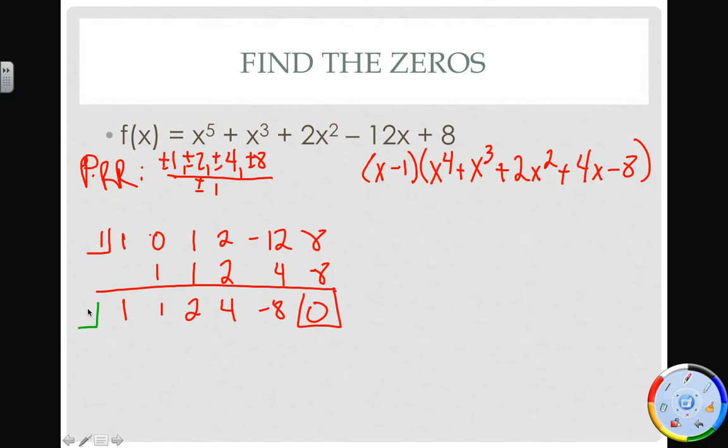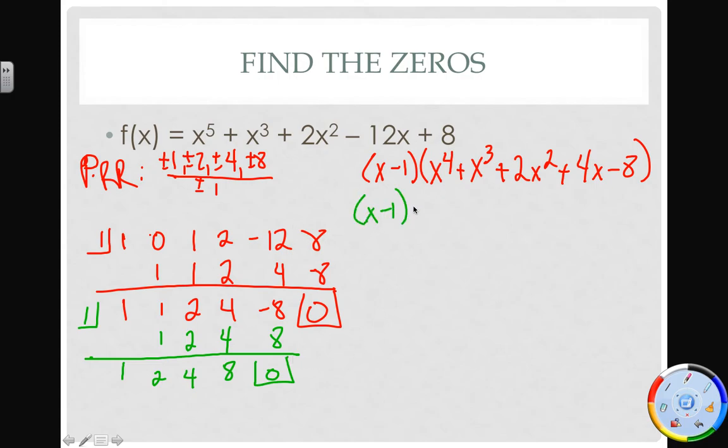Now, I always try the same number again, just to hope that it works, because you can repeat zeros. Remember, multiplicity, it's possible. So I go 1, 1, 2, 2, 4, 4, 8, 8, 0. Oh, man, this is looking pretty good so far.